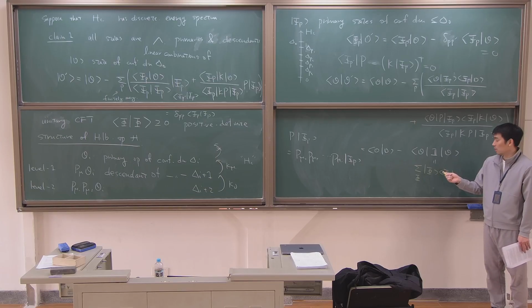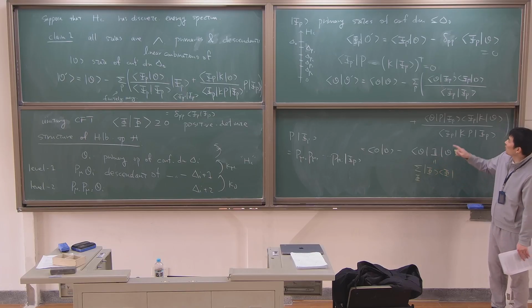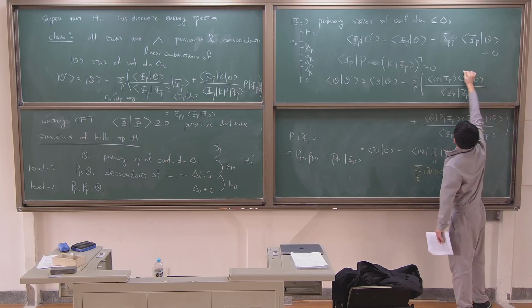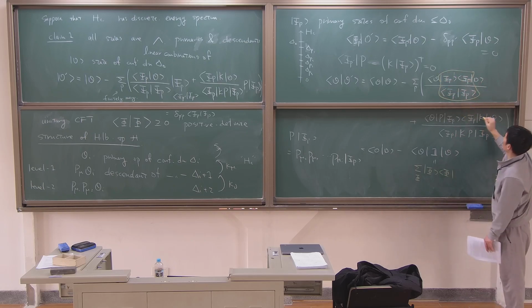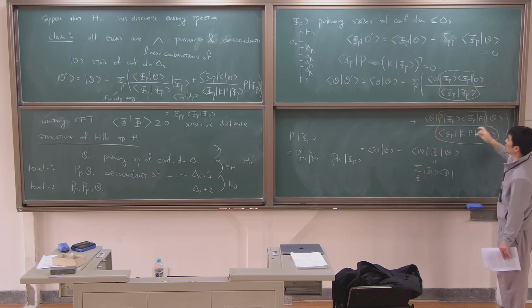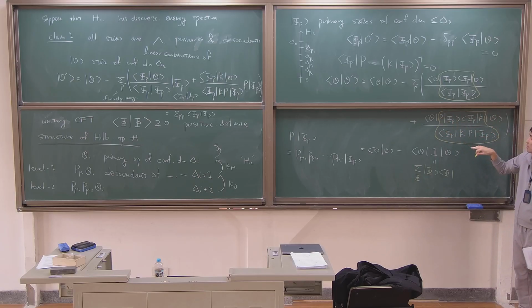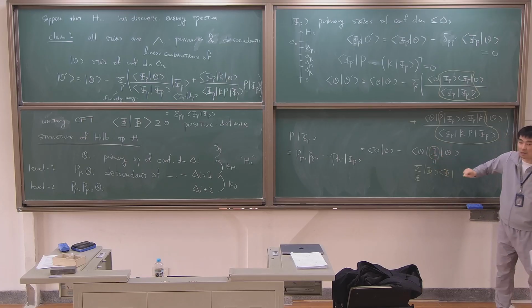Here, this part is a primary state and this is a descendant, with appropriate normalization. The denominator is just normalization, not so important. It's indeed the identity operator, and it corresponds to this one.